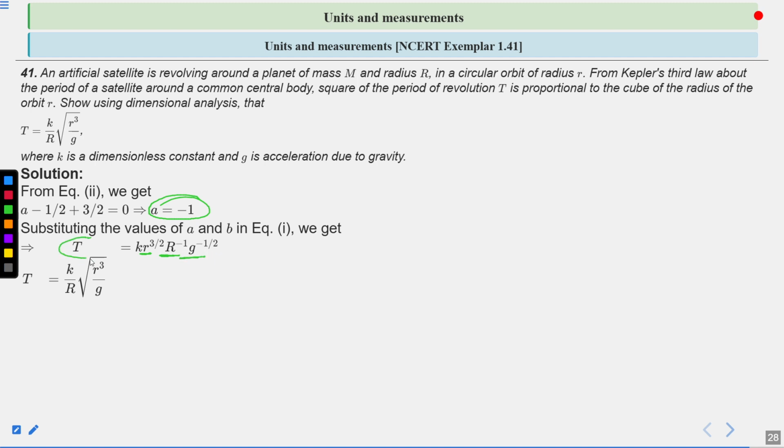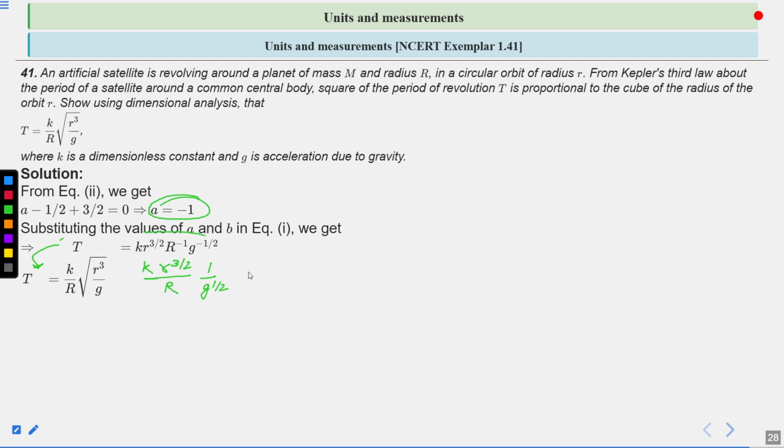For simplicity, we can write this equation in this form: T equal to K by r under root R cube divided by g. Here the term K into R^(3/2), r inverse becomes 1 by r, and g^(1/2) goes in the denominator.